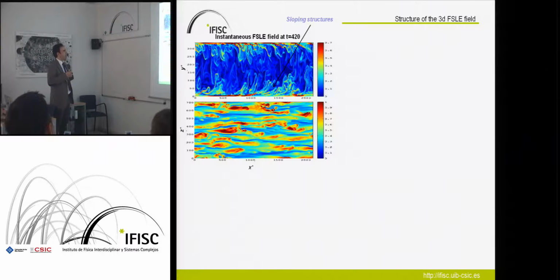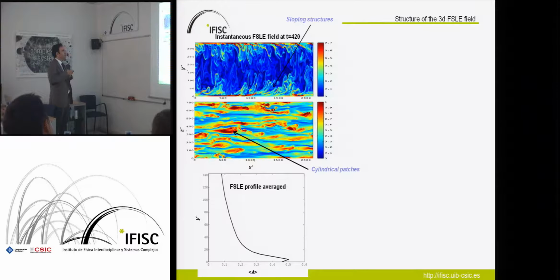At the center of the channel, the FSLE distribution is fairly low when compared to the wall region. And back here we have a horizontal map of the FSLE. It was taken near the wall, so more or less at this height. Mainly what we can see is that the high values of FSLE are distributed in these kind of cylindrical shapes.